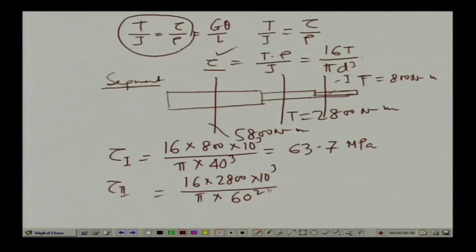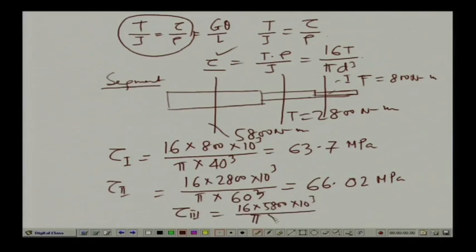The second segment's diameter is 60 and this comes as the shearing stress of 66.02 MPa. And likewise, the shear stress for the third segment comes as 16 into 5800 into 10 to the power 3 divided by pi times 80 cube, where diameter is 80, and this comes as 57.7 MPa.